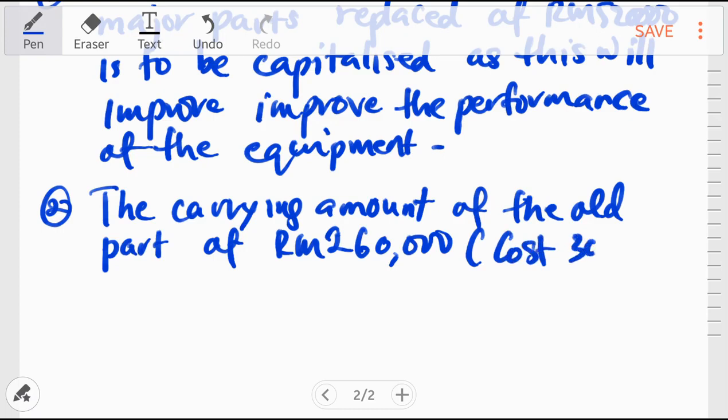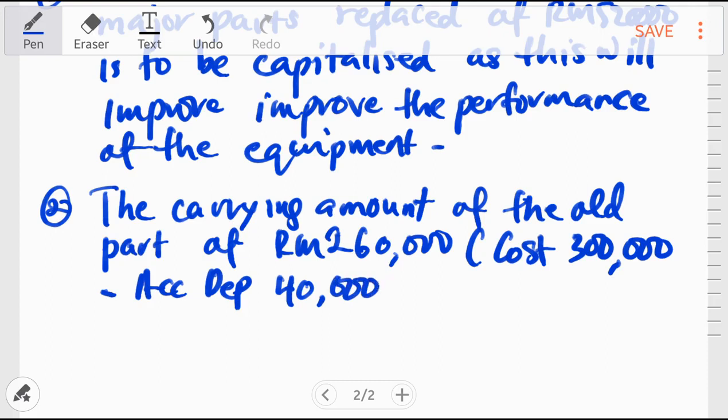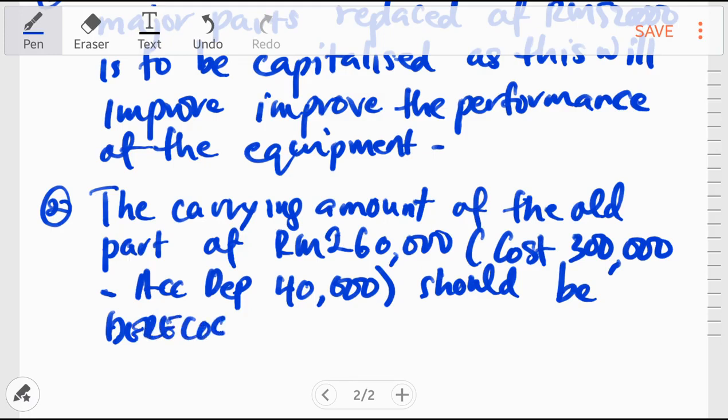Cost 300,000 minus accumulated depreciation 40,000. That was the thing you have there. You will say it should be DERECOGNIZED. I'm using capital letters to enhance the importance of the word.